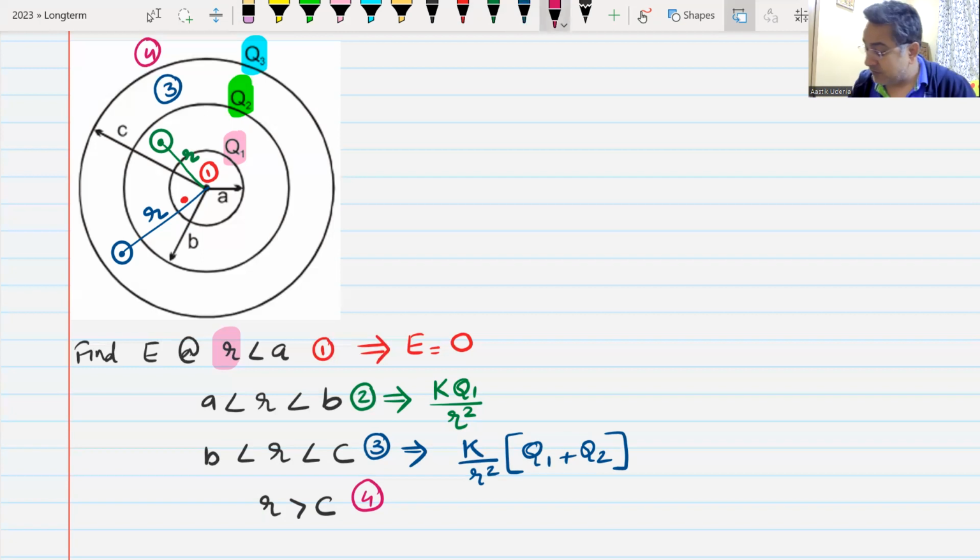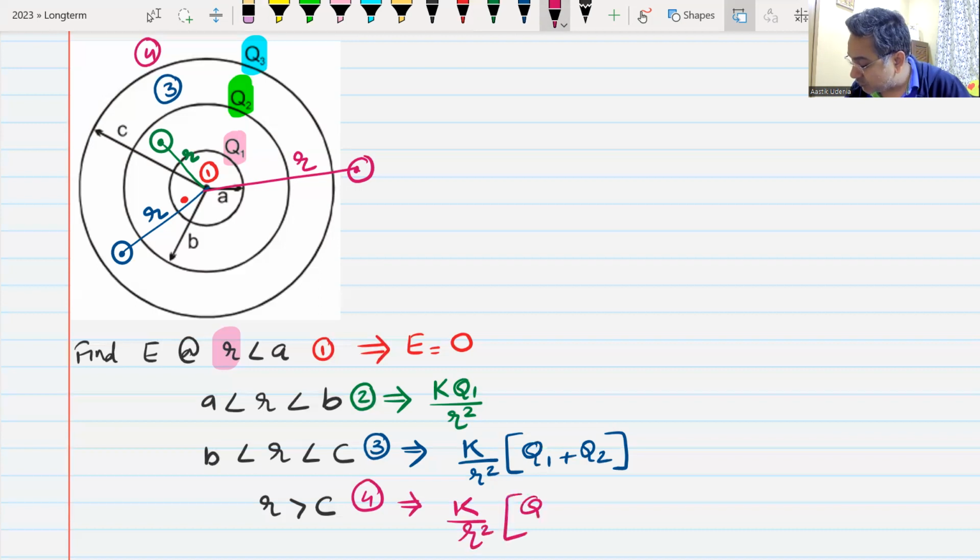Yes, sir. When the point comes here, it comes outside all the three shells. So all the three shells are going to create electric field. Now the final answer becomes K by r square into Q1 plus Q2 plus Q3. Do we understand this? Yes, sir. So these are the answers for this particular question.